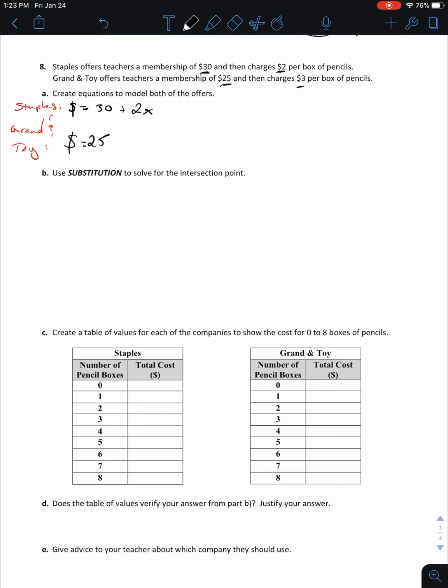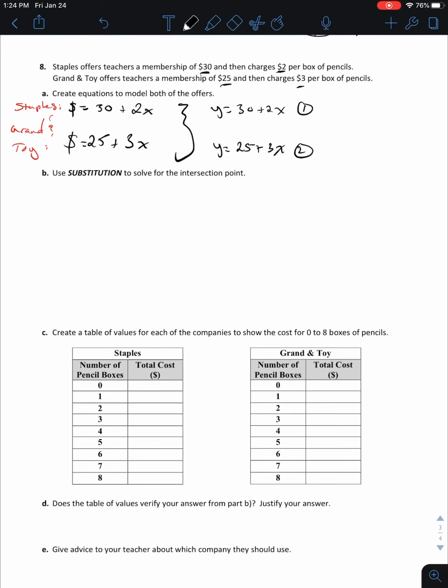They're going to offer a membership of $25, and then once I start buying boxes of pencils, they're going to charge me $3 per box. But how many do we buy? We don't know, so it becomes x. So there are your 2 equations, and if you like, you can get rid of the dollar sign and say y is equal to 30 plus 2x, and y is equal to 25 plus 3x. Those are going to be your 2 equations.